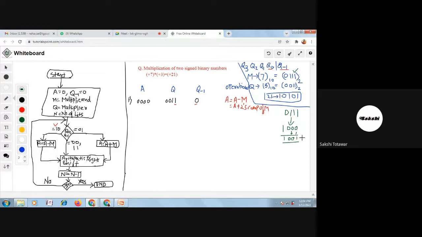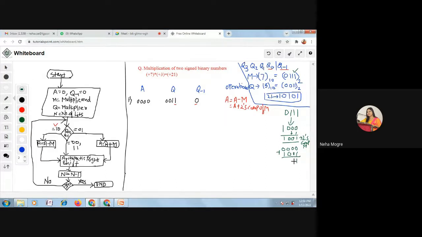This is your 2's complement of M. Now what we have to do is add this 2's complement to the value of A. The value of A is 0, 0, 0, 0, initially given. Add the 2's complement of M, that is 1, 0, 0, 1.